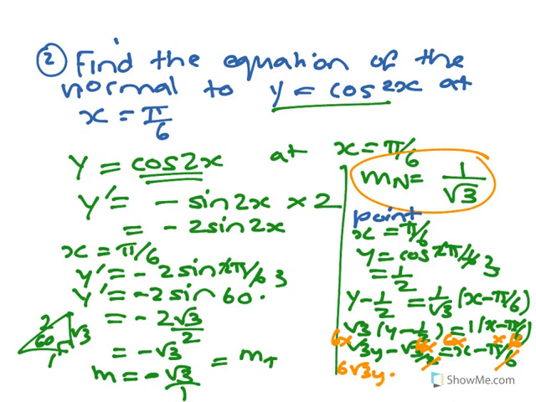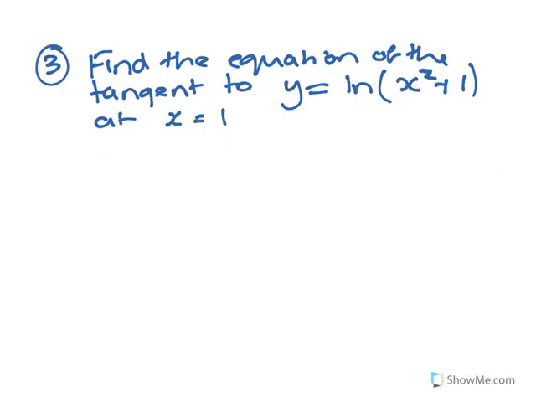So you get 6 root 3 y, 2 goes into the 6, 3, so that's 3 root 3 equals x minus, the 6's cancel and you get pi. So you get x minus 6 root 3 y plus 3 root 3 minus pi equals 0. And that's the equation of the normal.